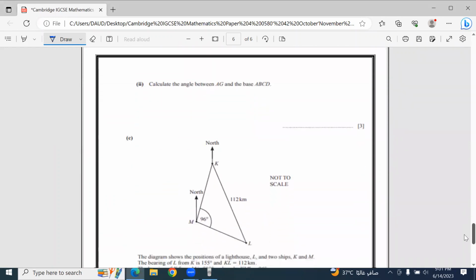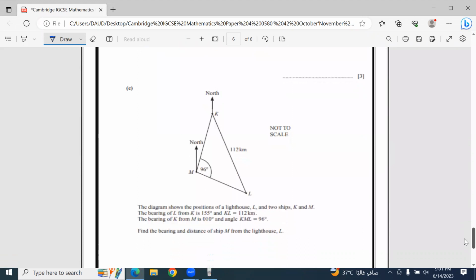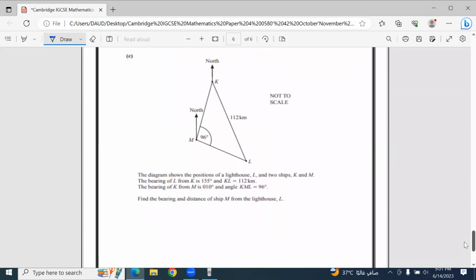Next, part C is all about the bearing concept as well as trigonometry ratios or sine and cosine laws. So have a look. The diagram shows the position of lighthouse L and two ships K and M. The bearing of L from K is 155, this one.